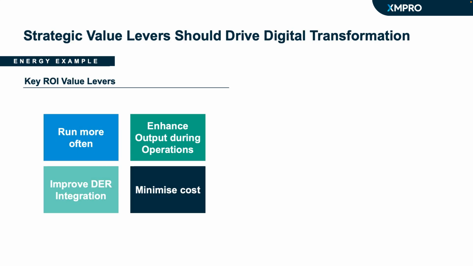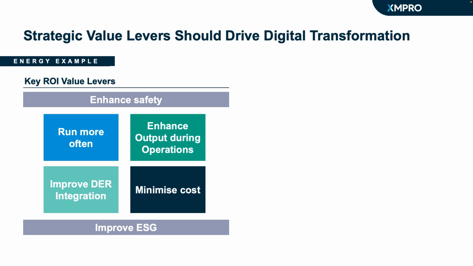Now, again, this all needs executive support, and we need to drive the ROI. And the levers that they have, and where digital twins can support the ROI on the investment, is to help these assets run more often, to produce more or enhance the output while operating or running, improve the integration of distributed assets, and also minimize the cost in the process, all in a framework of enhanced safety and also improving ESG.